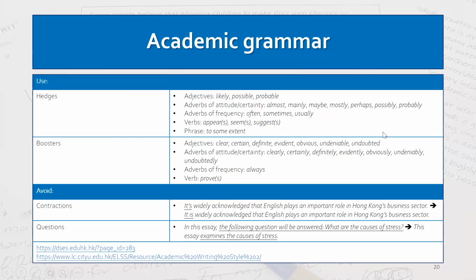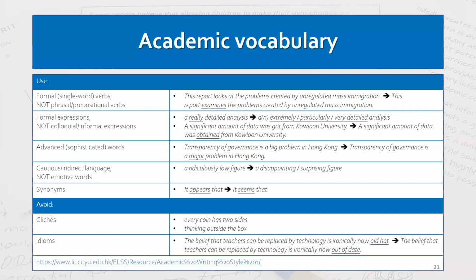So I'm not going to go through these slides in detail because of the time limit. But I'm just reminding you that in your writing, you do have to show features of academic grammar and vocabulary.